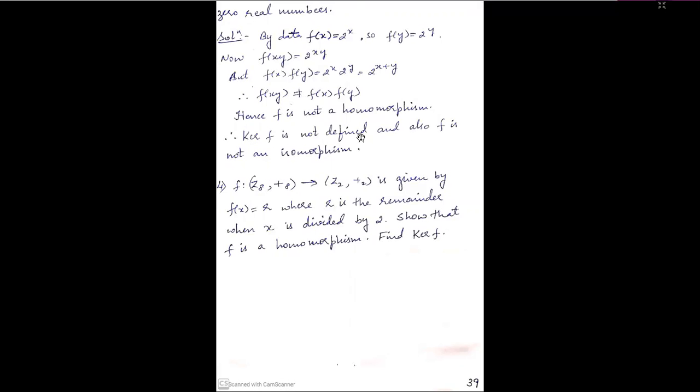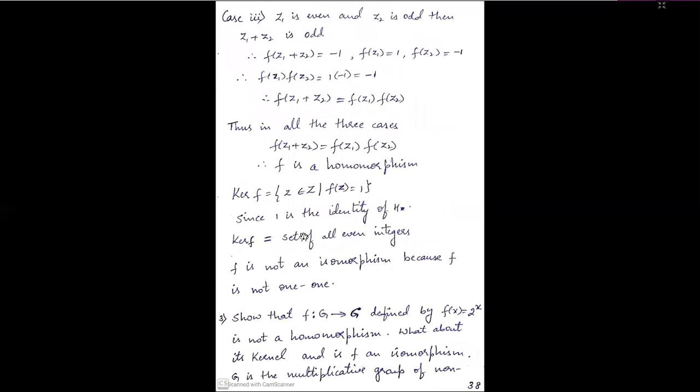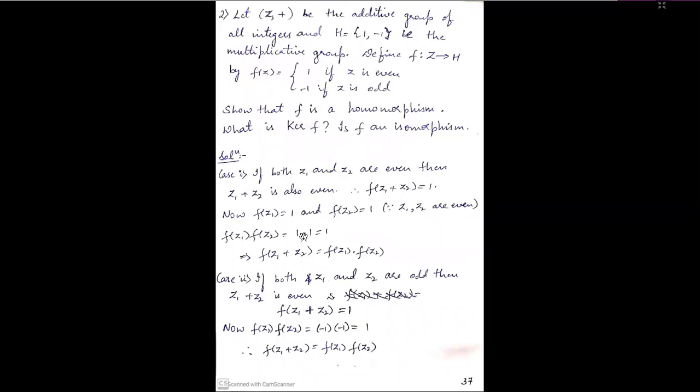Next example: F from Z8 to Z2 is given by F of x equal to r, where r is the remainder when x is divided by 2. So all the elements of Z8 are mapped to Z2. Show that F is a homomorphism and find the kernel of F. This is given as an exercise for yourself, because we have already proved the second example.